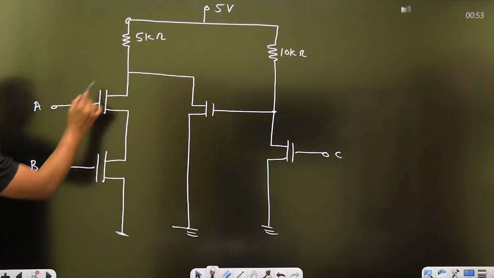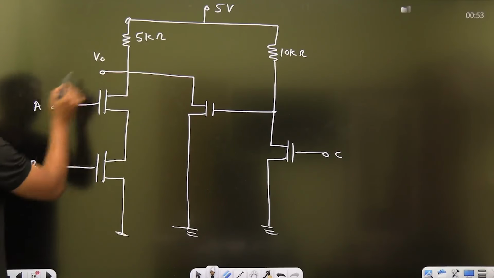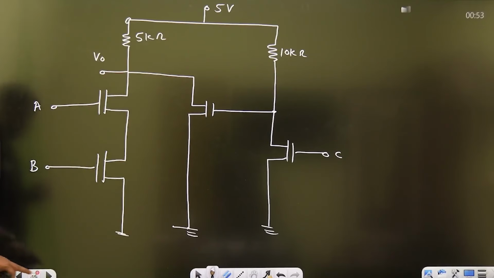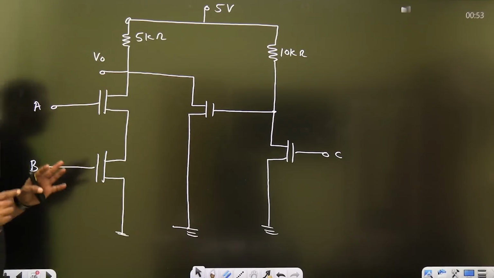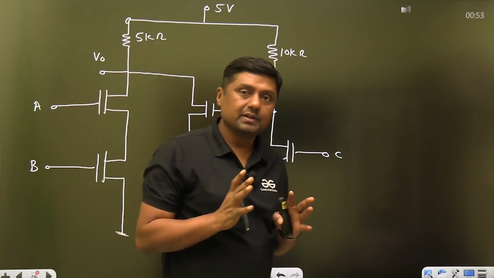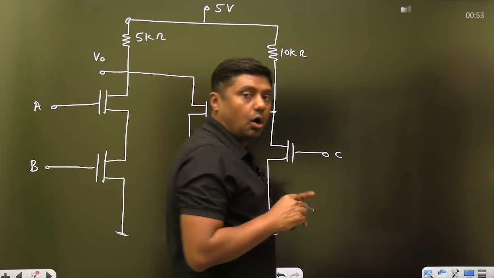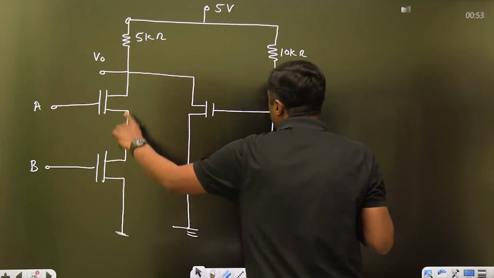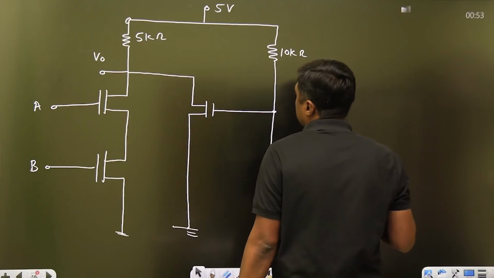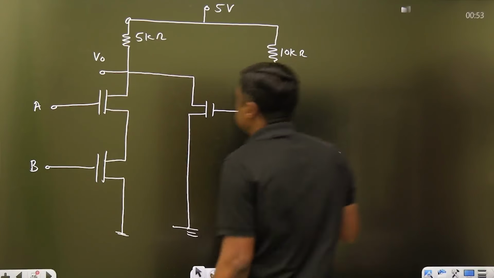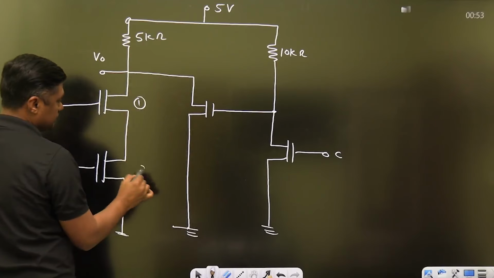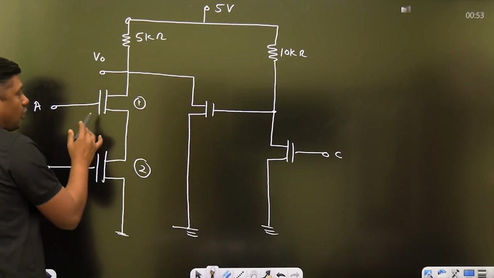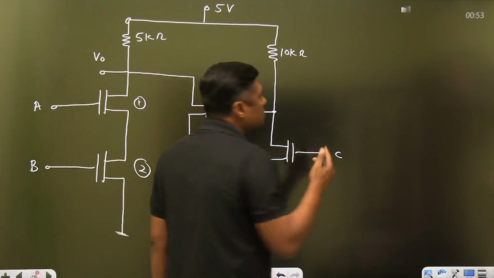Now, here we are getting the output, guys. Now try to understand. If you want the output 1, then out of these two, one MOSFET should be off. Either this off or this off or both off. How is it possible to make it off?